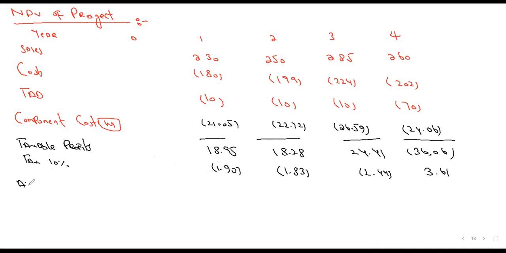Add back depreciation, 10, 10, 10, 70. Investment is how much? 200 given. Residual value 100. So these are your total cash flows.